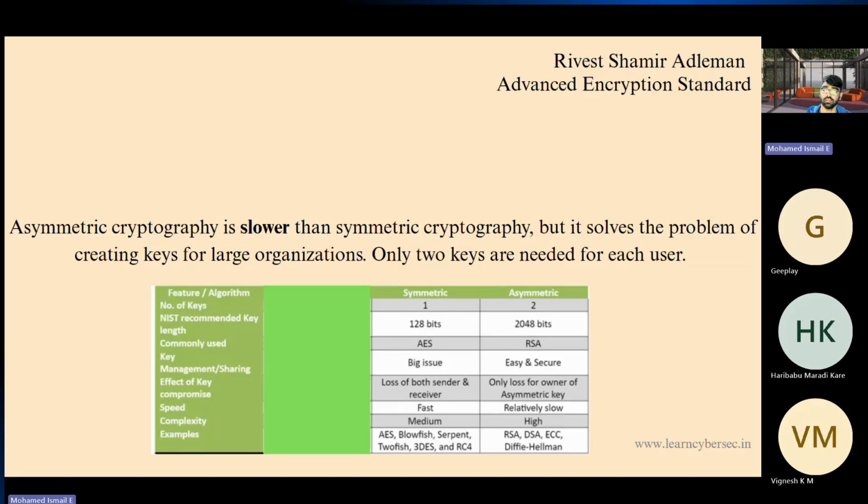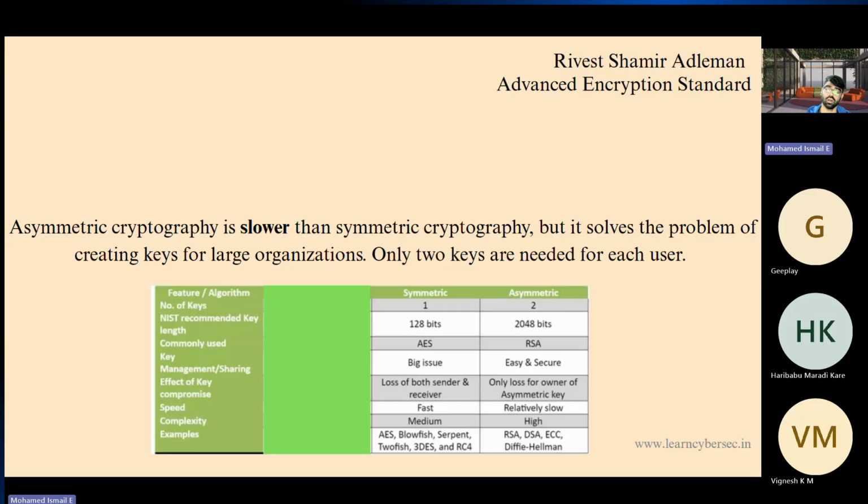So again, this may be a question scenario. You must know RSA is suitable for asymmetric, and AES is supported by symmetric, right? So which one is quick and which is relatively slow? Symmetric is always quick and faster. Asymmetric is slow because two different keys are involved: encryption is done by one key, decryption by another.